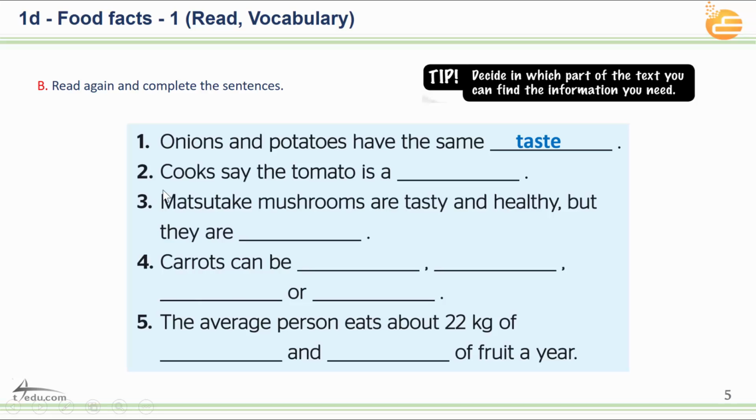Okay, number two. Cooks say the tomato is a. What do you think? Is it what? It is a vegetable. Exactly, it is a vegetable. Let's take a look.